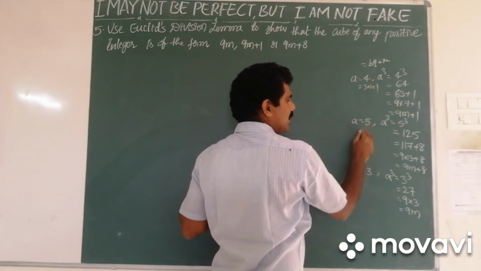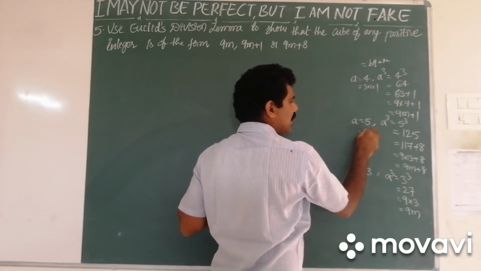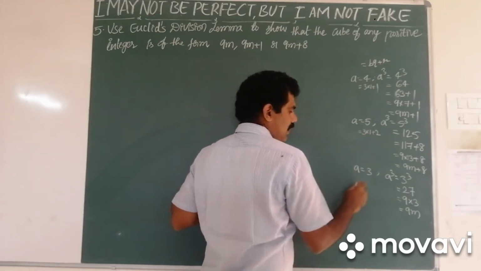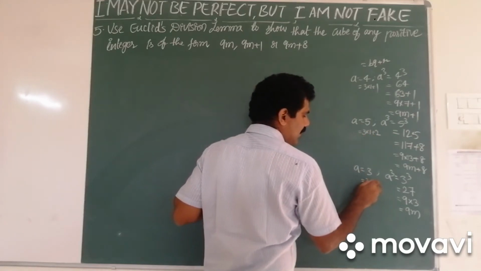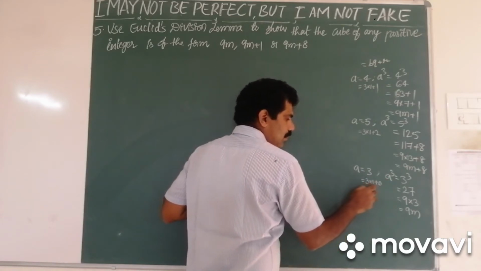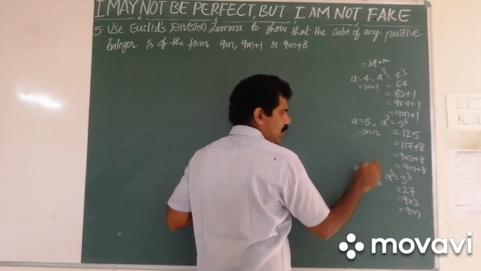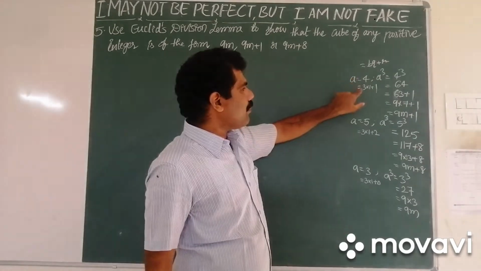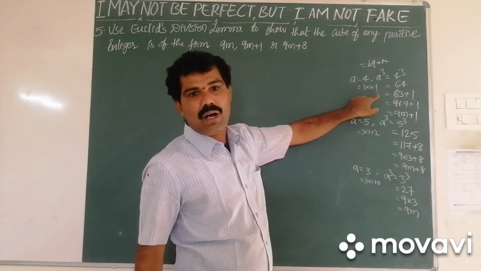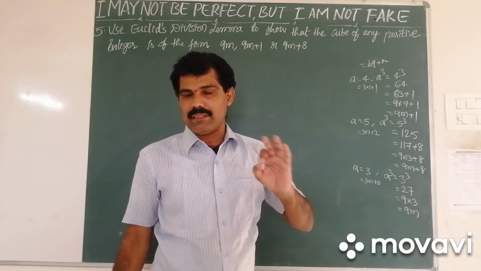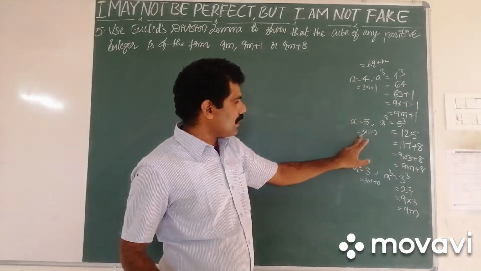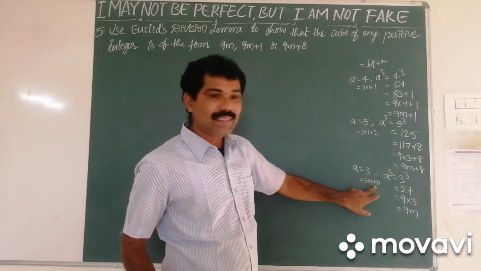Even this also I can write as 3 into 1 plus 2, bq plus 2. And even this also I can write as 3 into 1 plus 0, bq plus 0. R is 0, r is 2, r is 1. So a can be taken in the form of bq plus r, that is 3q plus r.